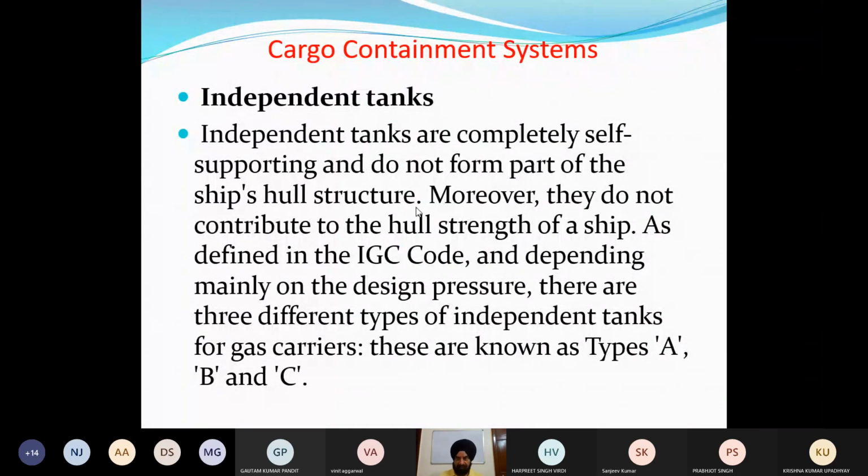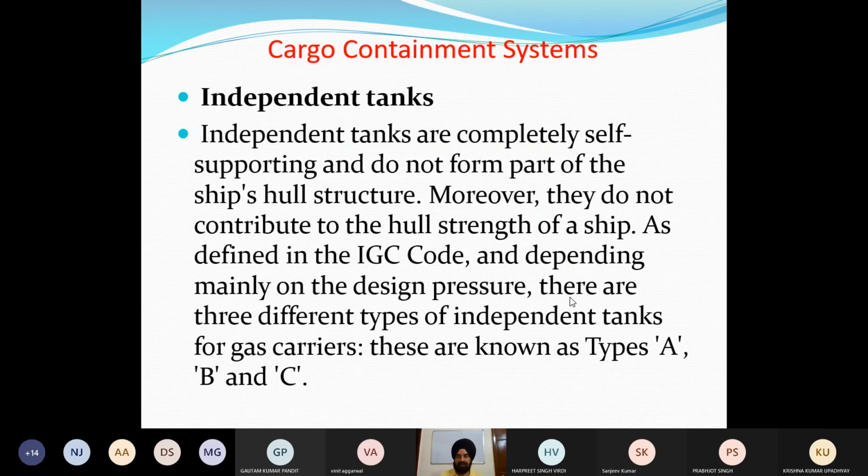These independent tanks are completely self-supporting and do not form part of the ship's hull structure. As I told you, these tanks are made of special steels and they are just put inside the hull. Moreover, they do not contribute to the hull strength, because it's like something you have put into the cargo hold, like containers; they fit it in. The hull is a different thing.